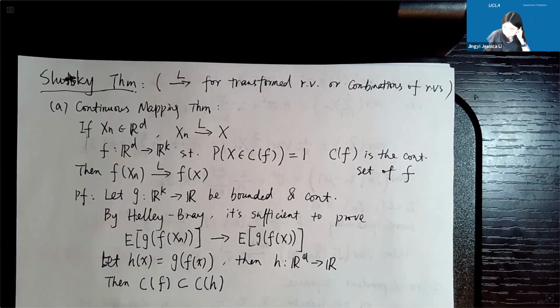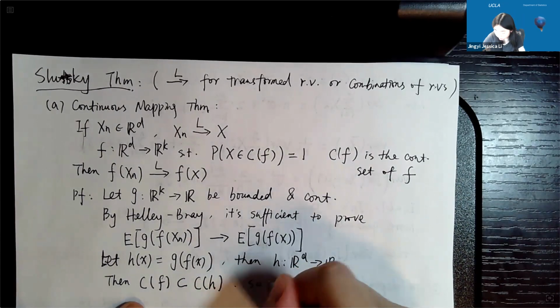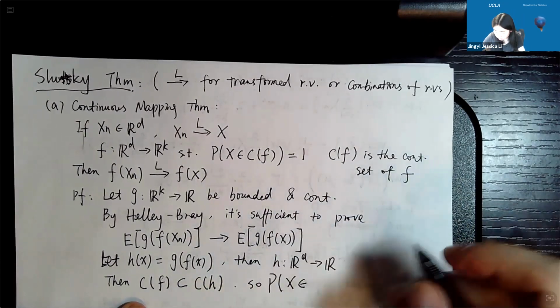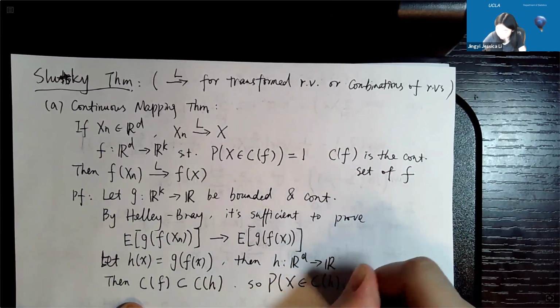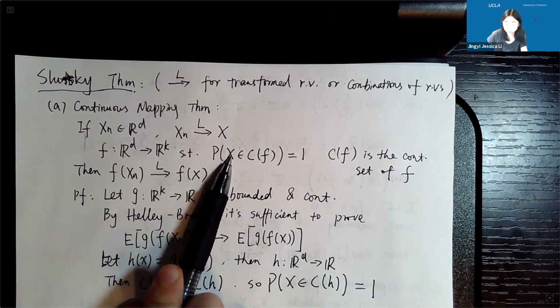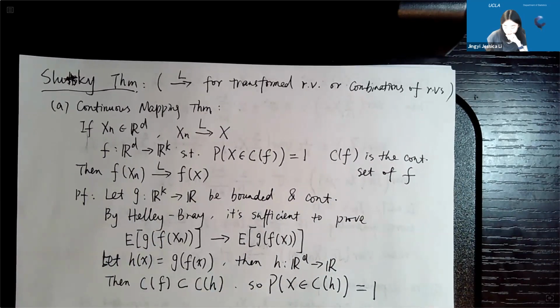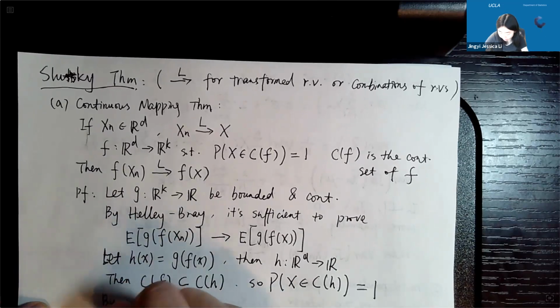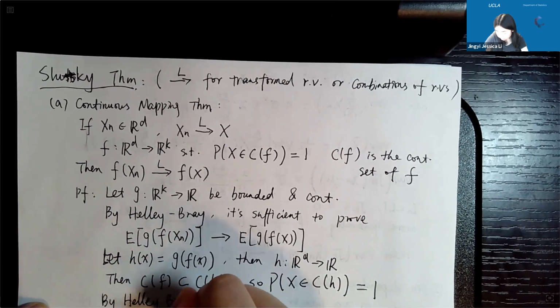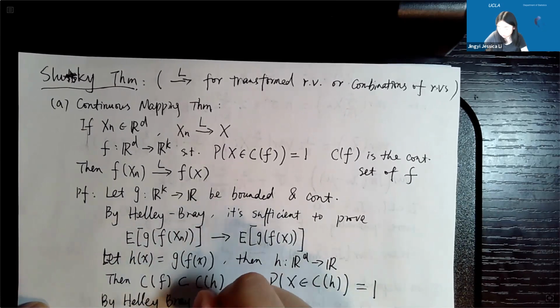So therefore, you see that the probability that X is in the continuity set of H is equal to 1. This is because we have this. And then we can apply Portmanteau. So that's from one direction.